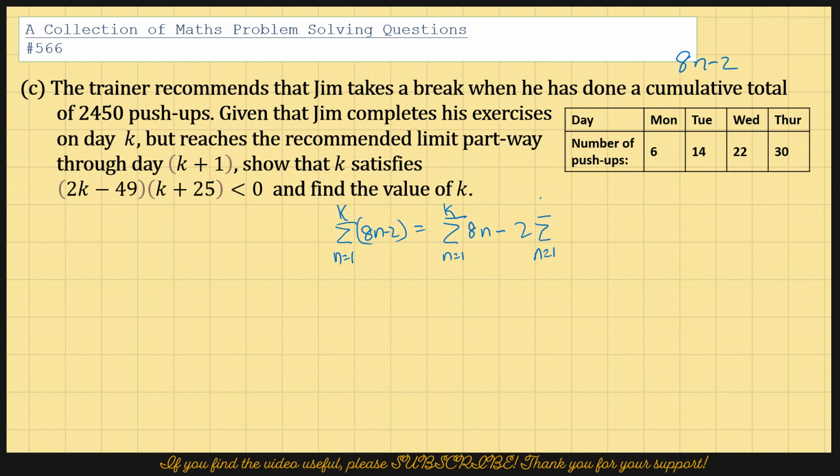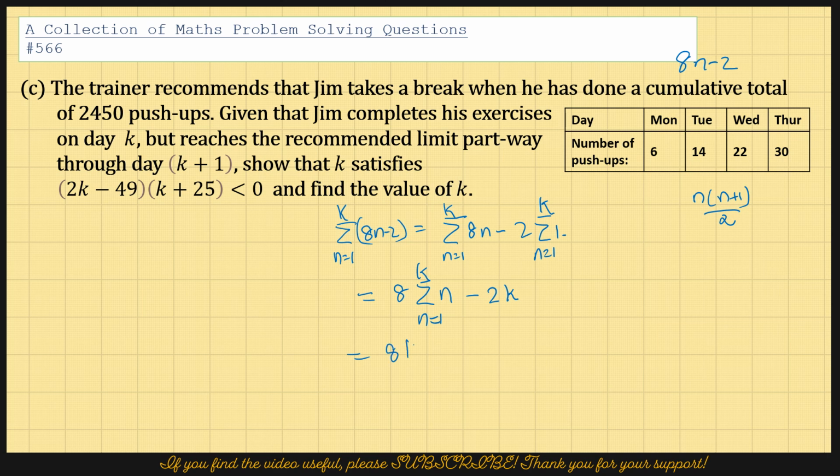I can write it as 8 outside the sigma sign, sigma n, that is the sum to k terms, minus 2 times k. The sum to n terms is n times n plus 1 over 2, and I'm going to use that here.